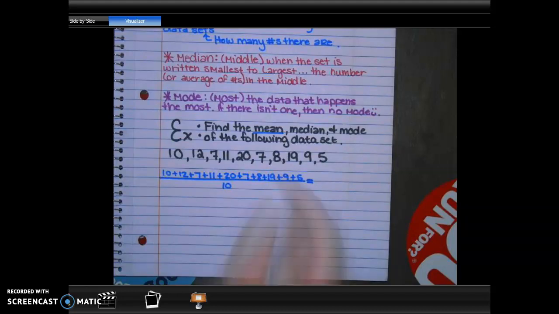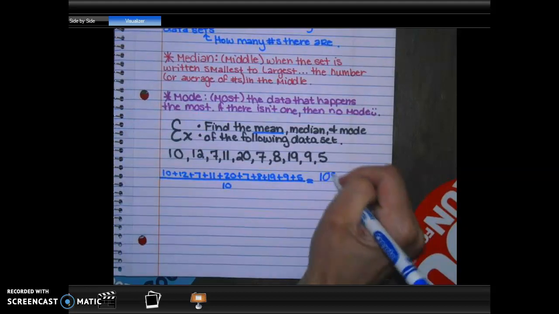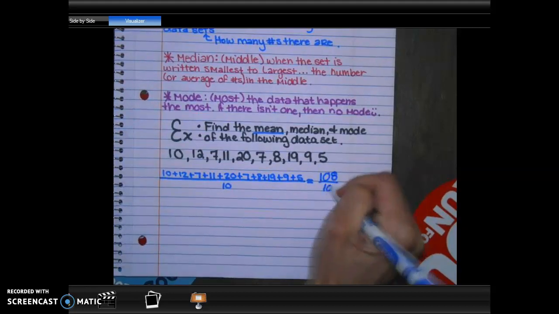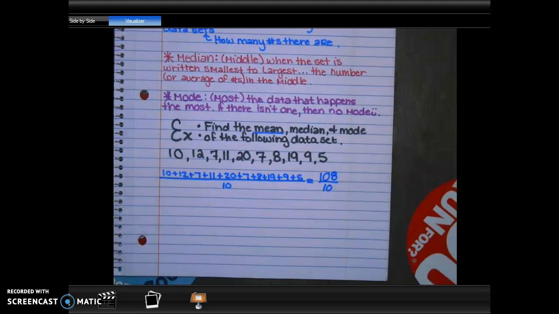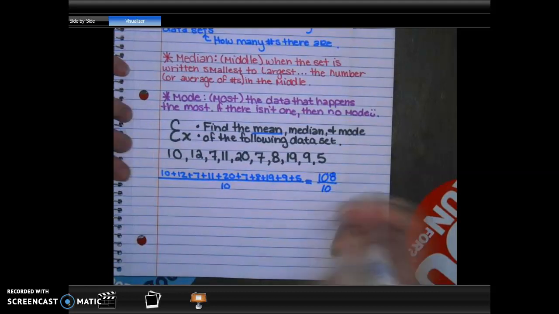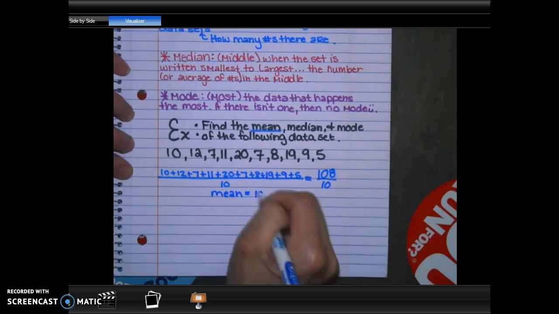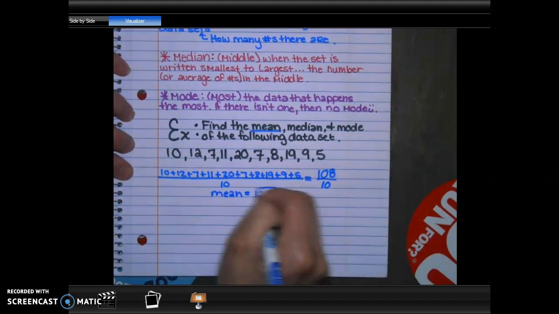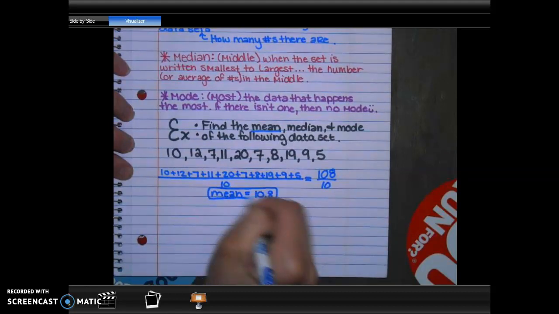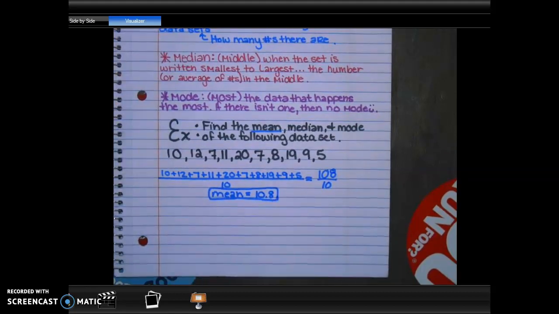I got 108 divided by 10. So our mean is 10.8. And that's how you find mean.